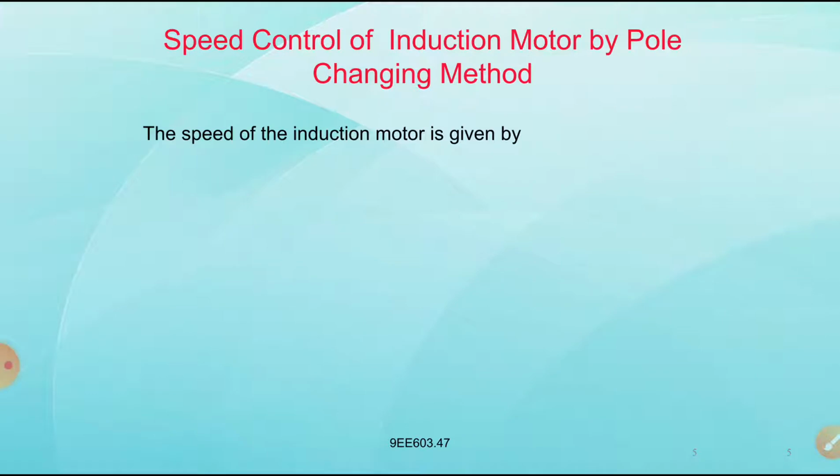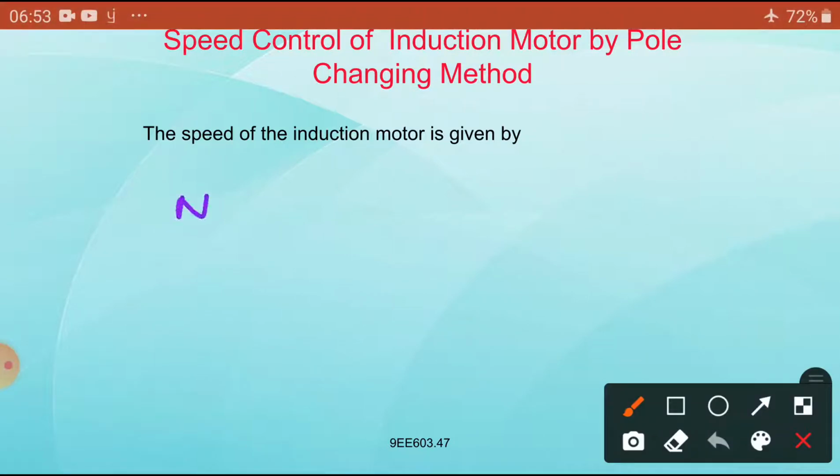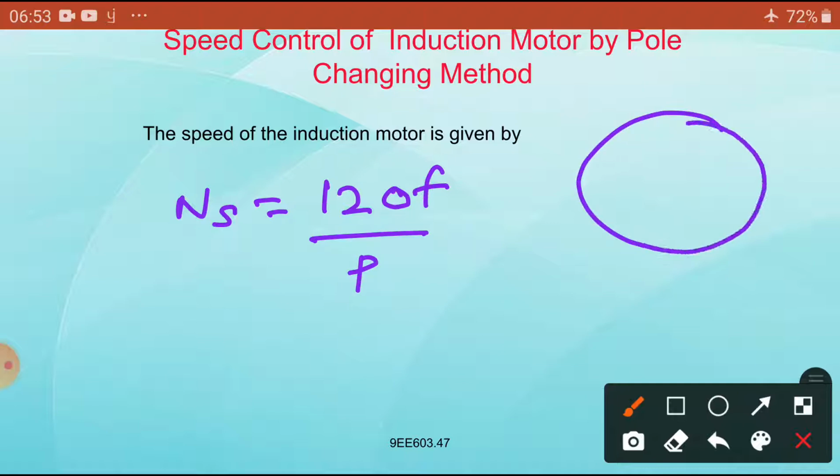Here, dear students, what is the concept? Ns is equal to 120 F by P. That means when three-phase supply is given to the induction motor, it produces a magnetic field that is rotating at synchronous speed.